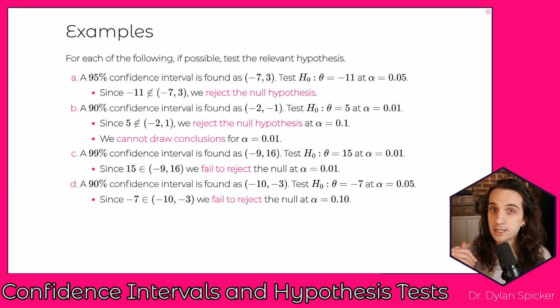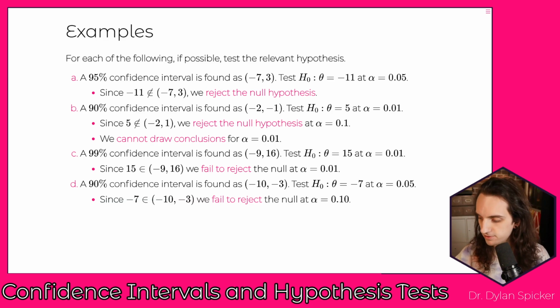Now, because we fail to reject at 0.1, we're also going to fail to reject at 0.05, rather. Because if you are failing to reject at the 10% level of significance, then what that means is that your p-value is above 10%, right? So we have found that p is greater than 0.1.